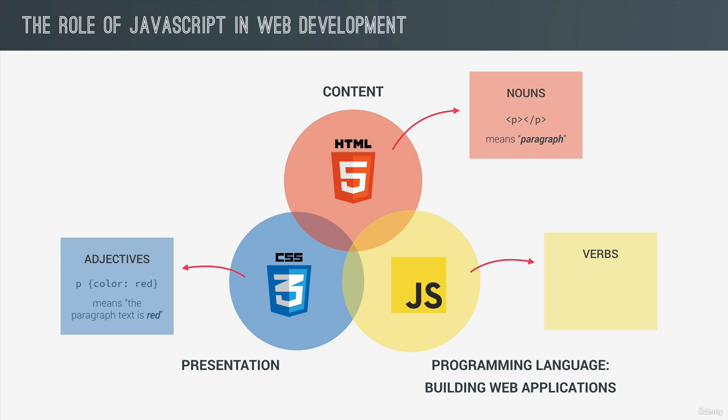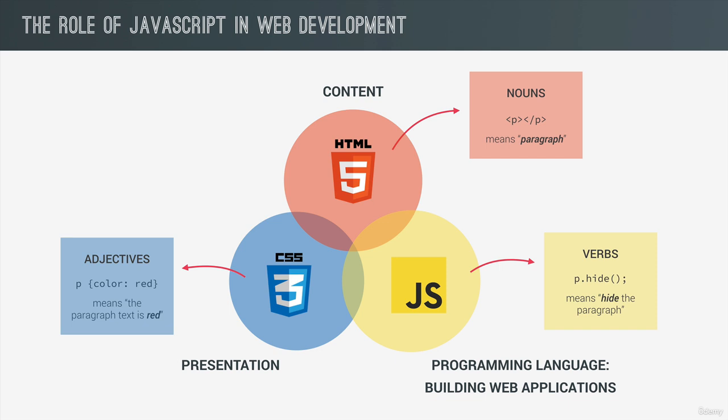Like this piece of CSS saying the paragraph text is red. And so here, red is the adjective describing the noun. And finally, JavaScript is of course the verb, like saying hide the paragraph. And so here we are doing something, and so we have a verb. Okay? Does that make sense?